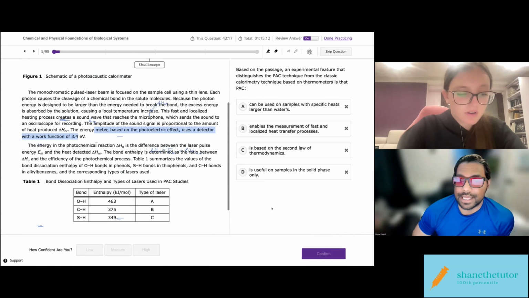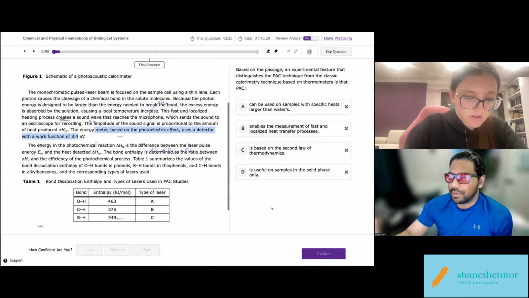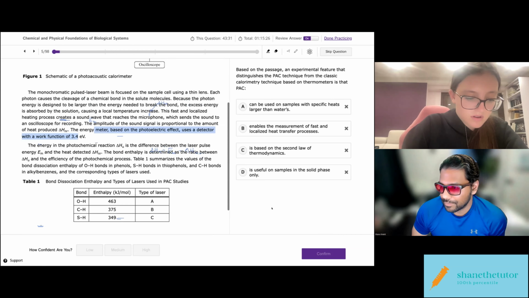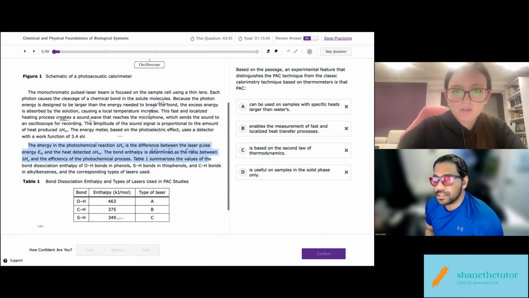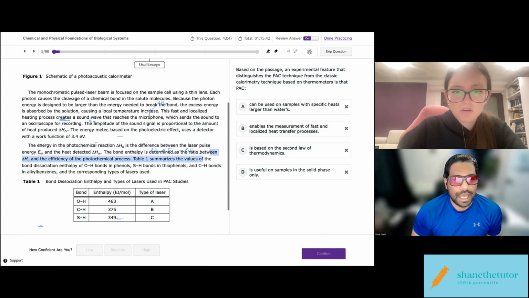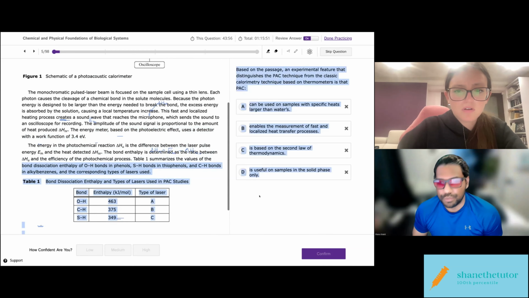That's just the classic calorimetry technique, the most basic type of calorimeter, like the one we're familiar with from Gen Chem. It's based on thermometers because you're trying to measure the change in temperature of the water. But PAC is different, right? PAC uses light and sound, and in Figure 1, the schematic, there are no thermometers there, right?